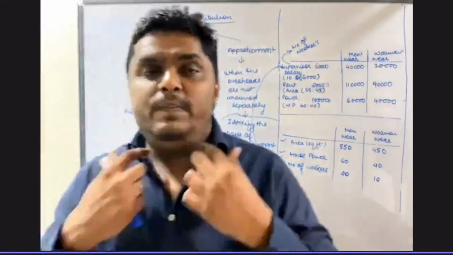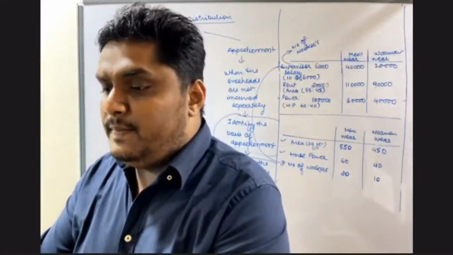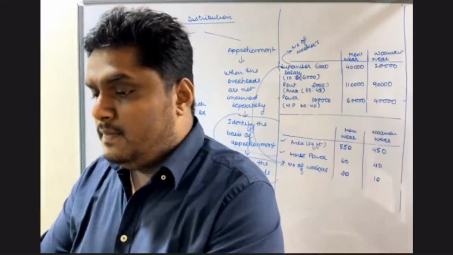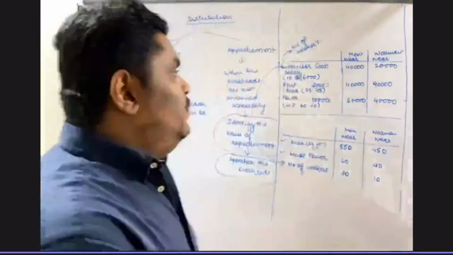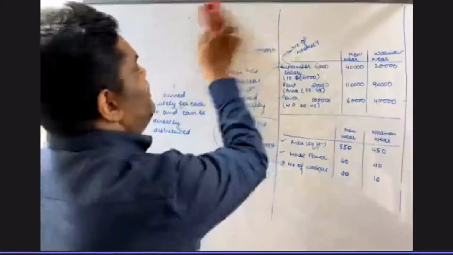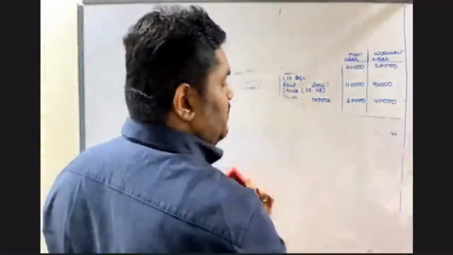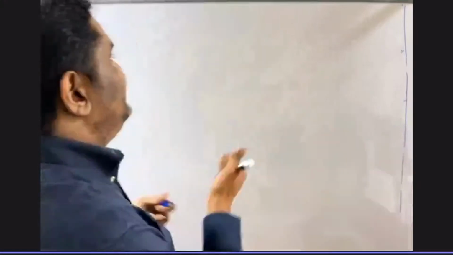I request you guys to please open your study material. We are discussing one question from study material. Before starting a question, let me give you a few examples on overheads and the basis of apportionment.